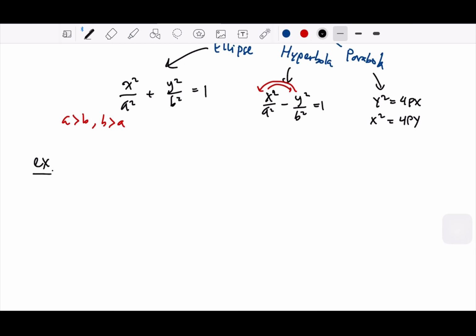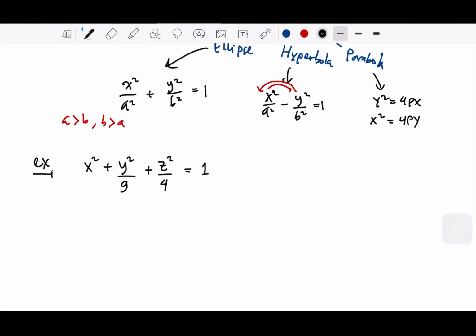Okay, we take some examples of how we can trace some of the equations and sketch the quadratic surface. Okay, let's start with this: x squared plus y squared over 9 and z squared over 4 equals 1.